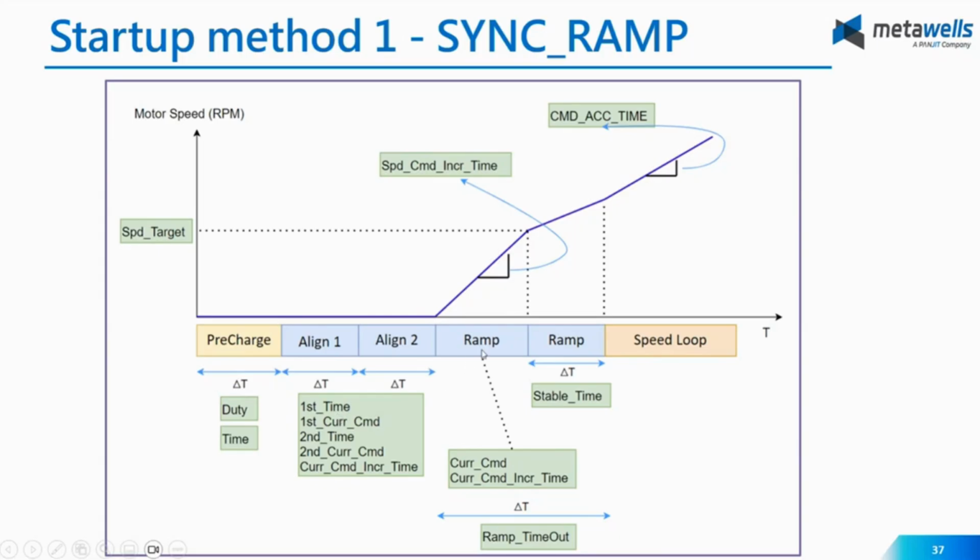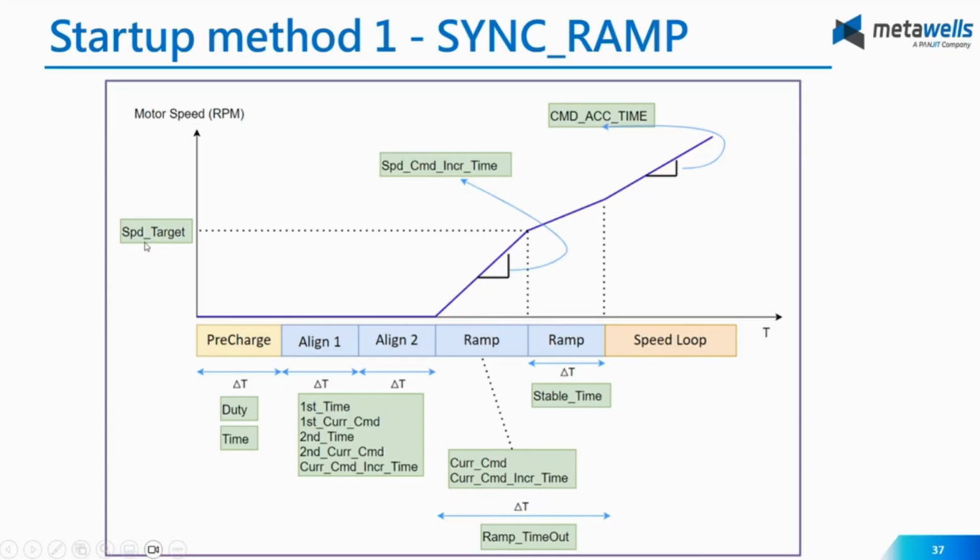Then, in open loop startup, we call it ramp. In the ramp state, you can input the current command, the run up time, and a very important parameter, speed target.